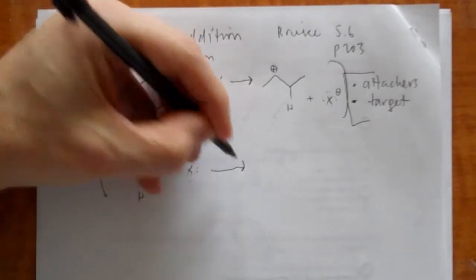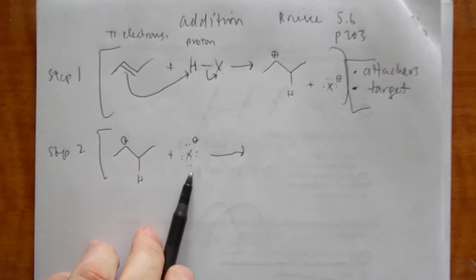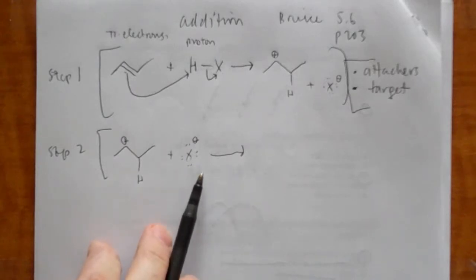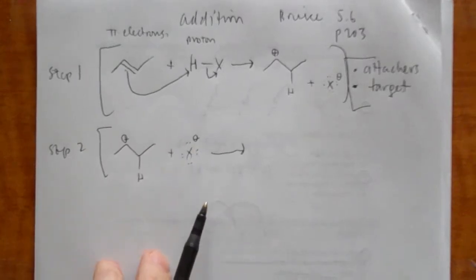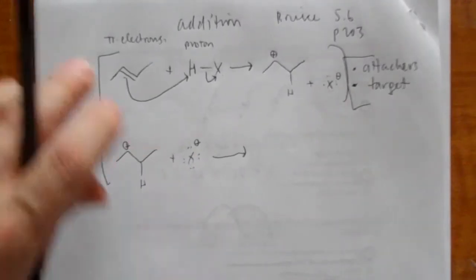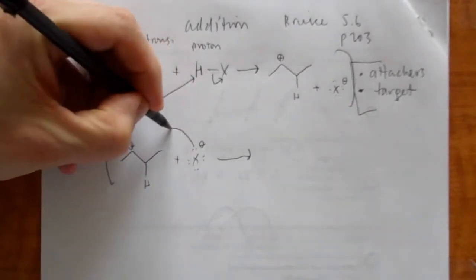So if we're going to find the attacker, we've got to find electrons. And this has got a minus charge on it, so these electrons are the most active. And then we want to find a positive center, which we've got here. These formal charges, by the way, are critical, I think. It's really going to make this easy for you if you can remember and faithfully put those formal charges on there. So indeed, it goes here. Boom.